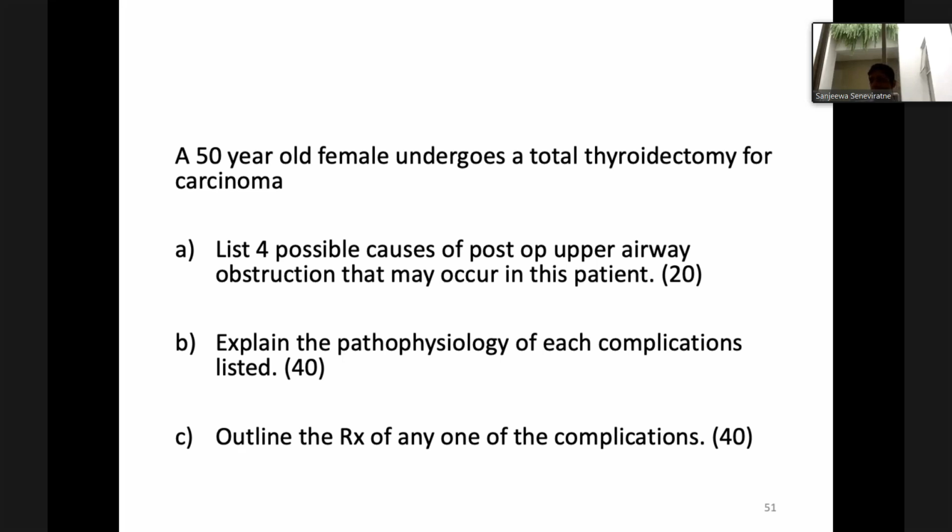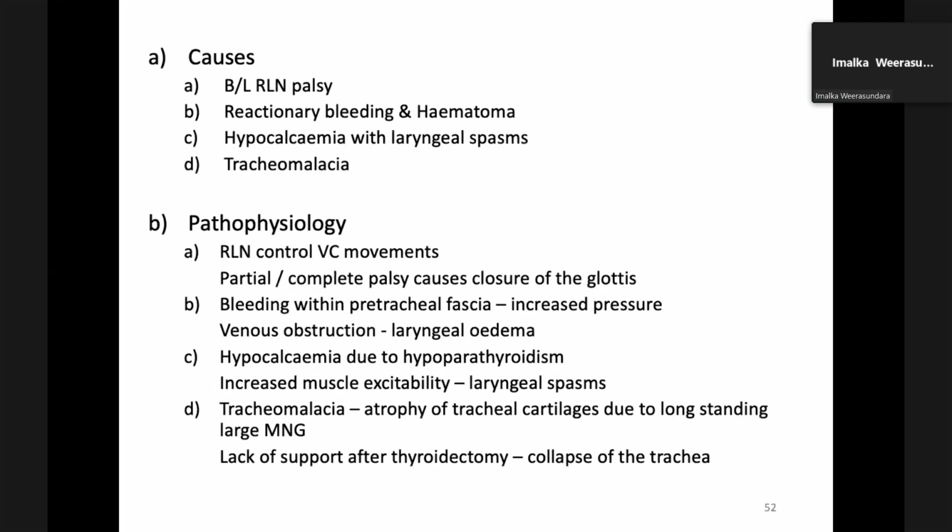Why do people get tracheomalacia? During long-standing thyroid goiters, there is softening of the tracheal rings, and due to sudden removal of the thyroid gland, there's a sudden loss of support to the trachea. Because of those two reasons, there is tracheal collapse.